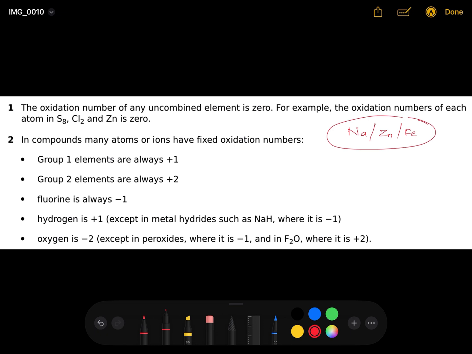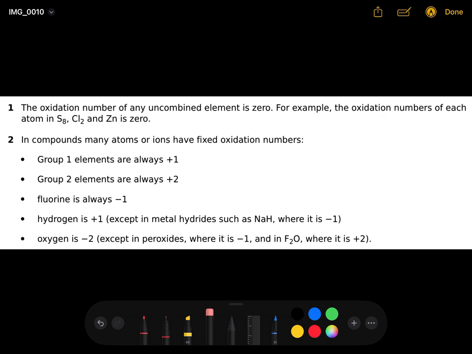Over here they have written S8. In nature, sulfur is found as S8, which is just combined with itself, so it's in its natural form. So definitely the oxidation number of such elements or molecules will always remain 0.